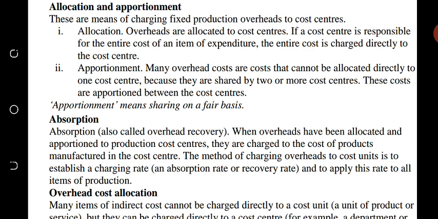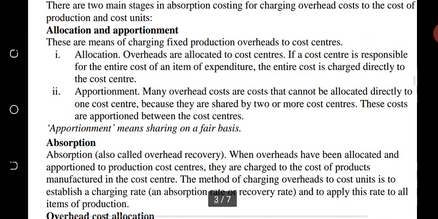Allocation means that if a particular department has its own separate meter, the cost of the electricity bill for that department will be allocated to the production center, or the head office can allocate a cost directly to a particular center.